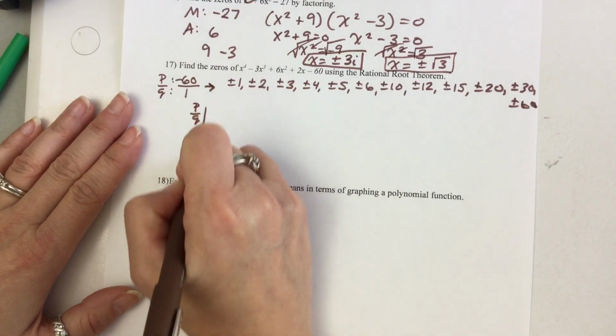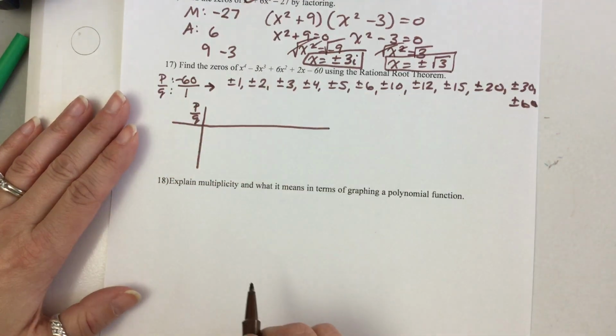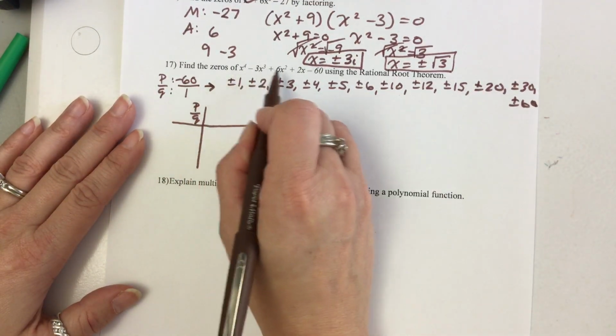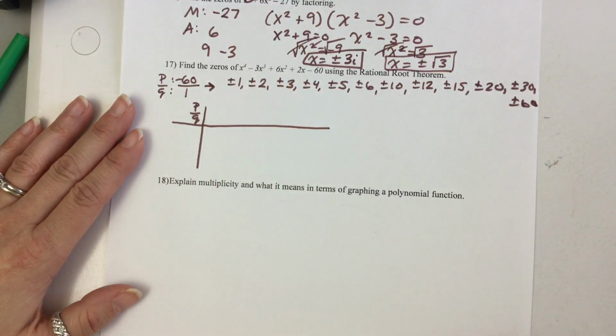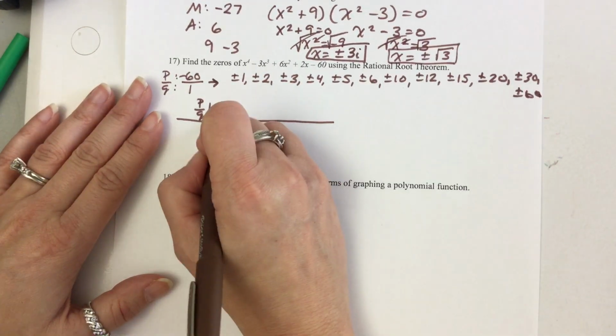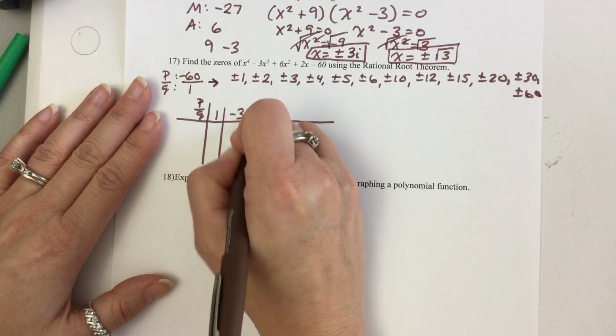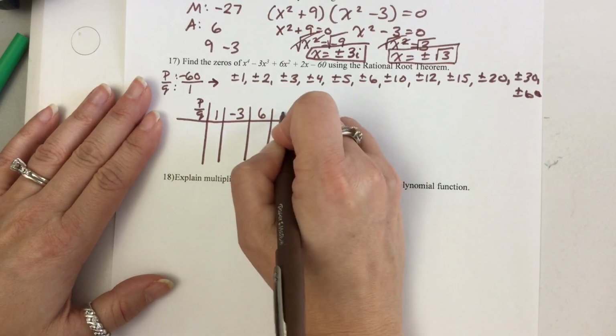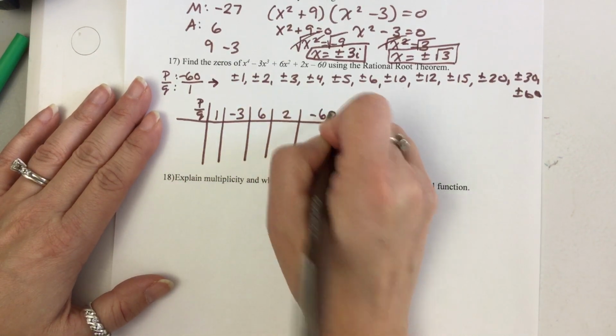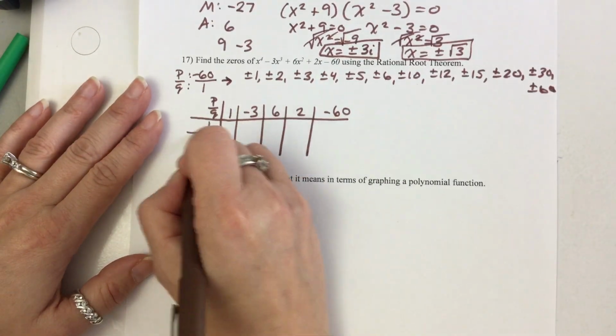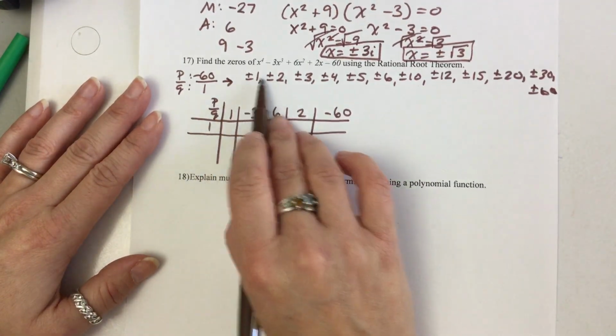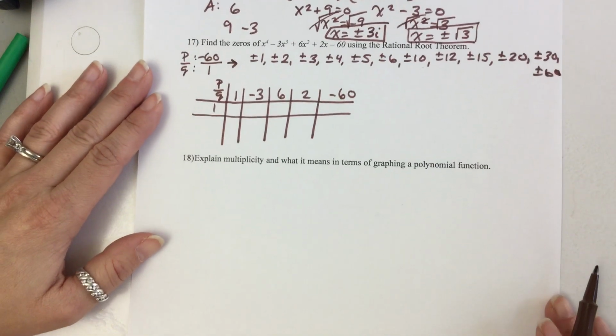Now what we need to do is start doing synthetic division to find some solutions. 4 x's, 3 x's, 2 x's, 1 x, no x's. Okay, so I don't have to add in any zeros. 1, negative 3, 6, 2, negative 60. I like to start off with a 1. What we're doing down here is just trying any of these numbers until we get something to work.